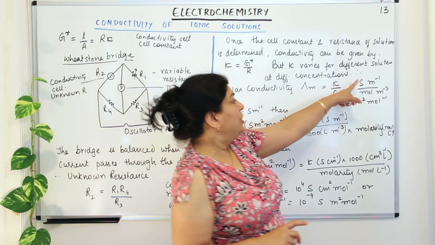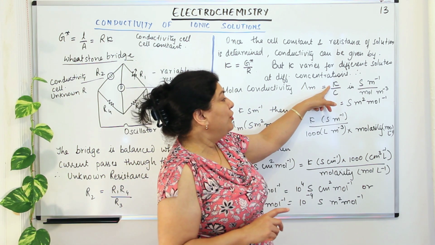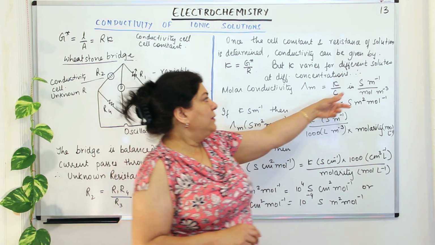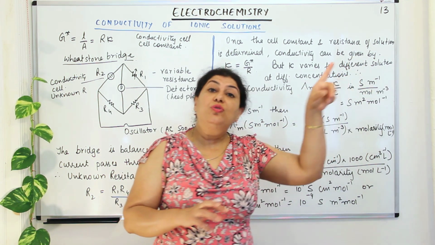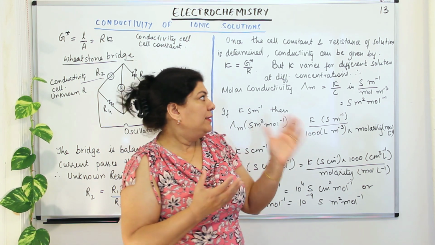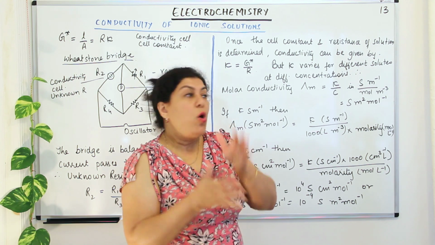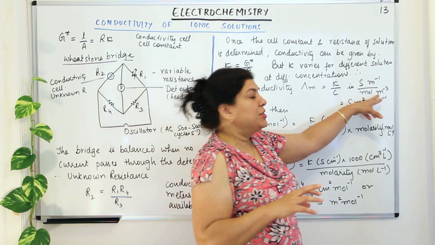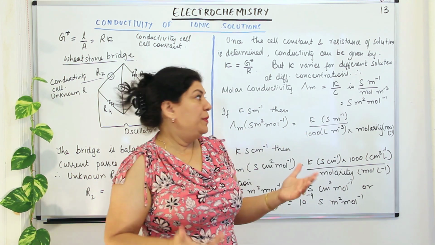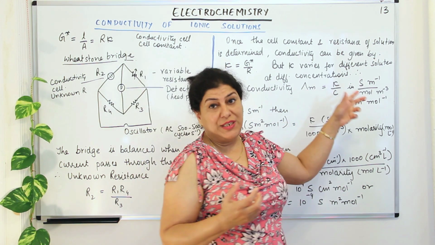And in the numerator, the unit for kappa is Siemens per meter. So either we change the meter also to decimeter, because a liter is decimeter cube, or we change the decimeter cube, that is a liter, to meter cube. It would make more sense, since we are talking of conductivity.